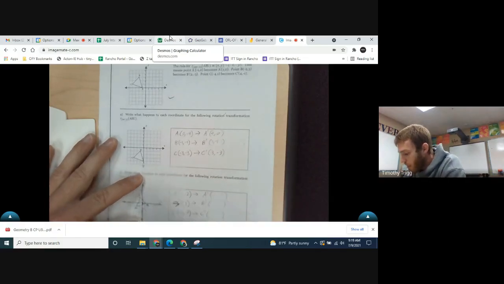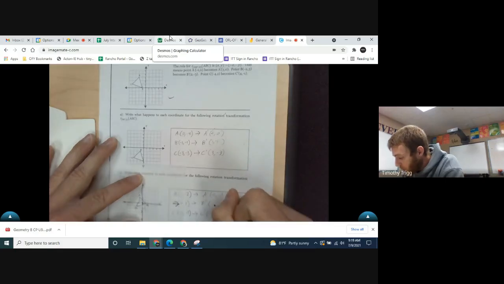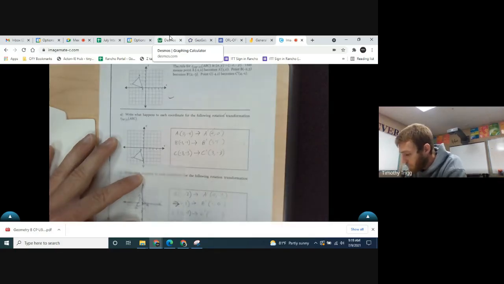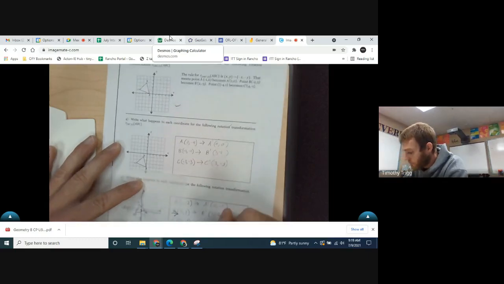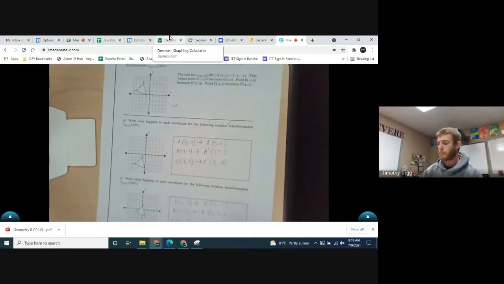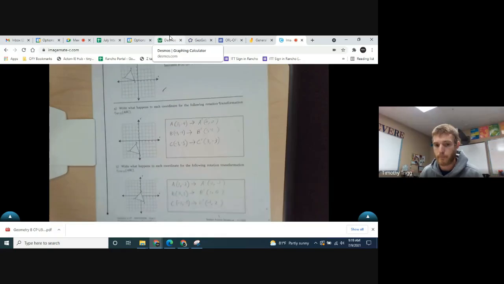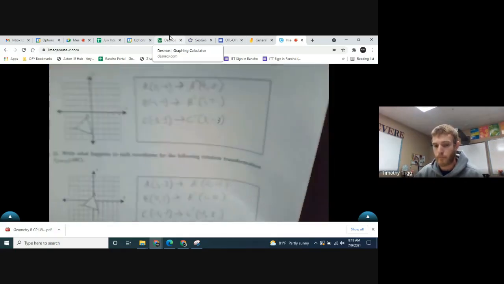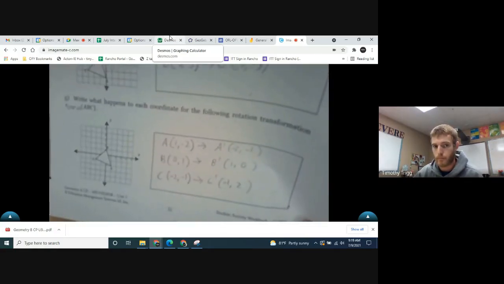So now we can see where these end up. A prime is at -2, -1. The new B is at 1, 0. And the new C prime is going to be at -1, 2. Okay, just like that.